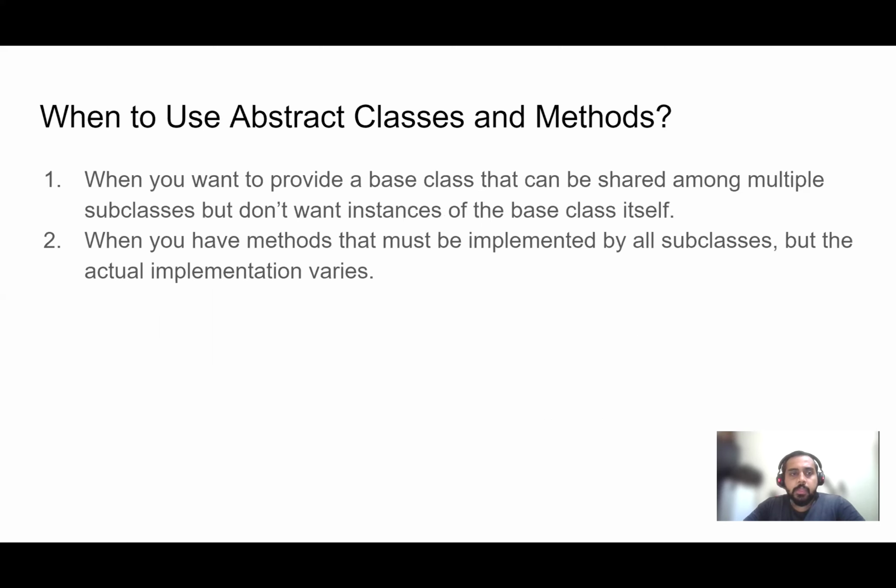Okay, you may have a doubt: we have an interface, so when to use an abstract class and methods? Okay, you can ask. It depends on the requirement. Suppose we need a parent class just to hold the reference of child classes.